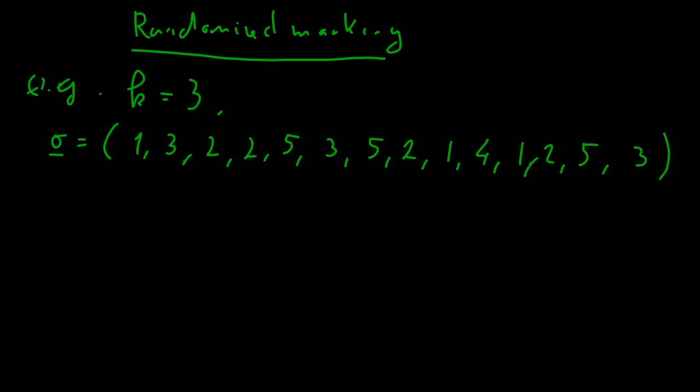Then remember, a marking algorithm is just doing the same thing over and over again. I'm starting with an empty cache, and then I'm moving to the state when I have something in the cache, but when I access an element in the cache, I mark it.